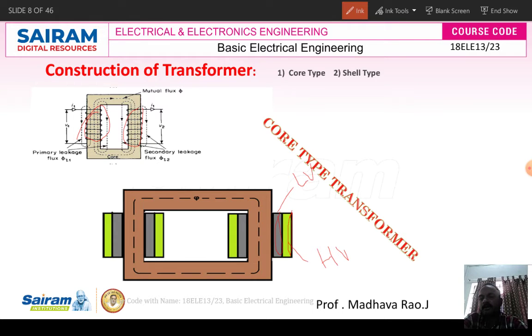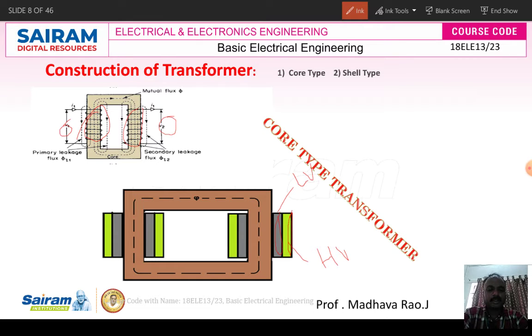The primary winding is connected to the supply, and the secondary winding is connected to the load. These two are magnetically coupled but not electrically. There is no electrical connection between these two windings, but they are magnetically coupled through the core of the transformer, which has a single magnetic flux path. These transformers are suitable for high voltage applications.